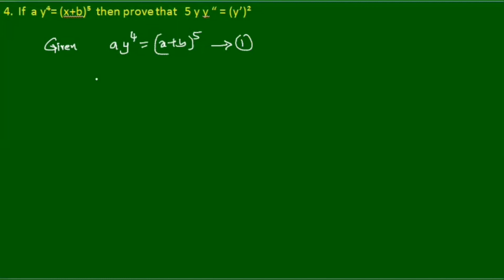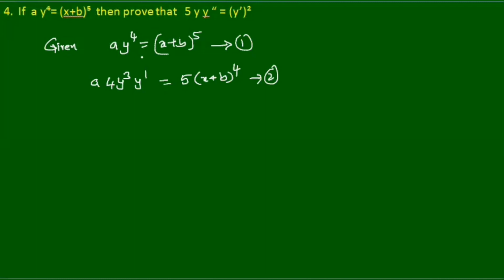Differentiate this with respect to x. So a into 4 y cube, y derivative is y dash, is equal to 5 into x plus b whole to the power of 4 into x plus b derivative is 1. Since it doesn't contain x, the important thing is how to divide these two things.